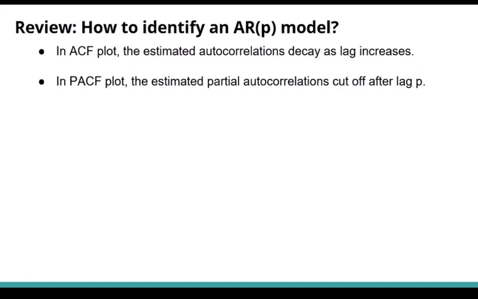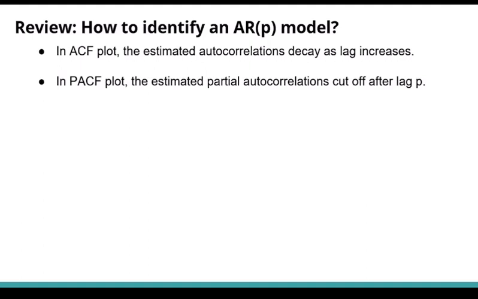Of course, to identify an AR of order P model, when you plot an ACF plot and you realize that the estimated autocorrelation decays as lag increases, that implies an AR model. And of course, if you want to know the appropriate AR model, whether it's going to be AR of order one or AR of order two, then you need to plot a PACF.